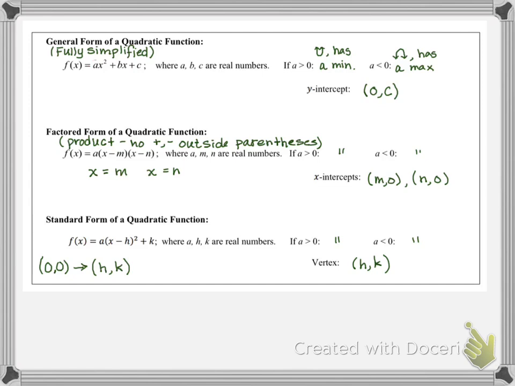You can just put those x-intercepts in. And if you're given the vertex, then you have to use standard form to write your equation because the numbers from the vertex are actually in standard form, so you can just substitute them. So when we write the equations for quadratic functions, we just have to be really careful to correlate what we know with which formula it's going to work in.